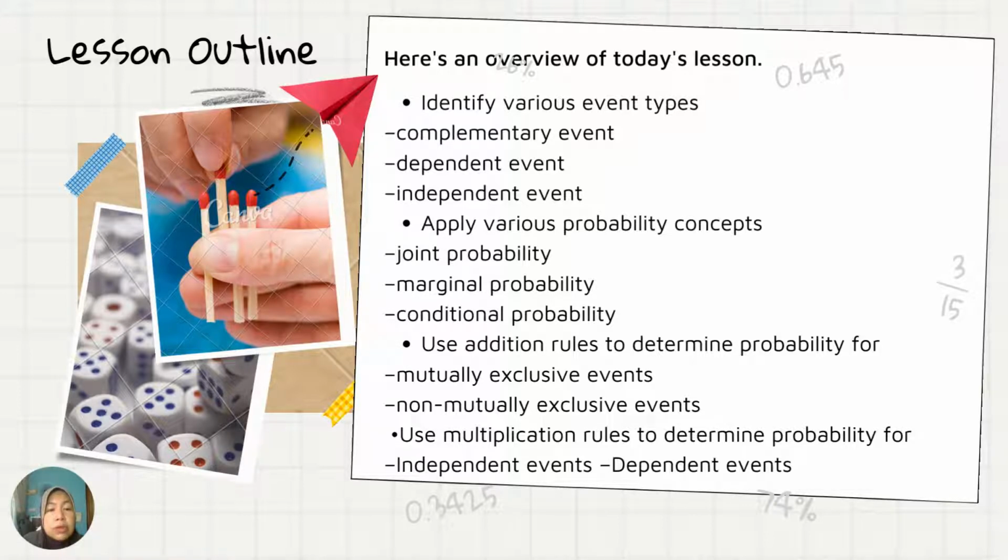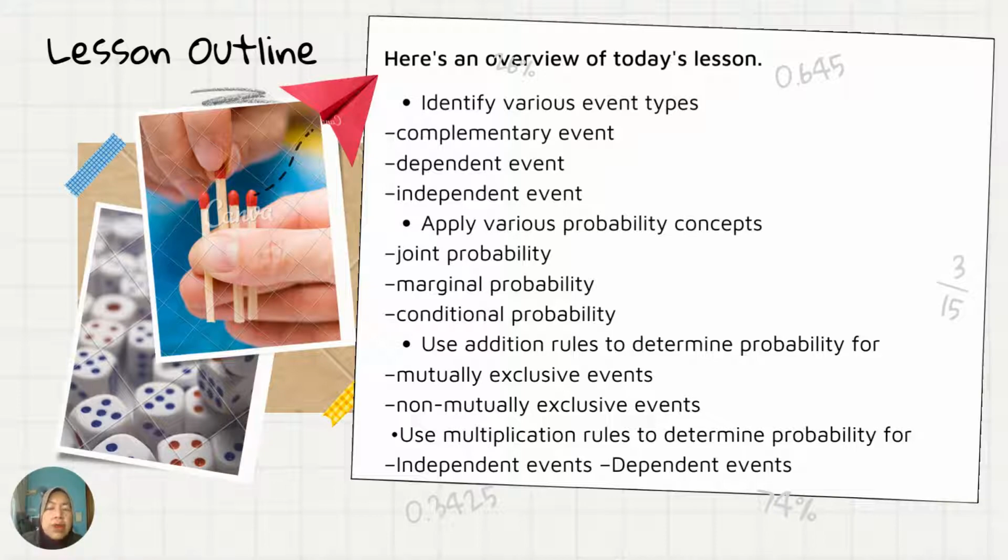With that we can also use the addition rules to determine the probability for mutually exclusive events and non-mutually exclusive events. And last, we can use the concept of dependent and independent events with the multiplication rules.